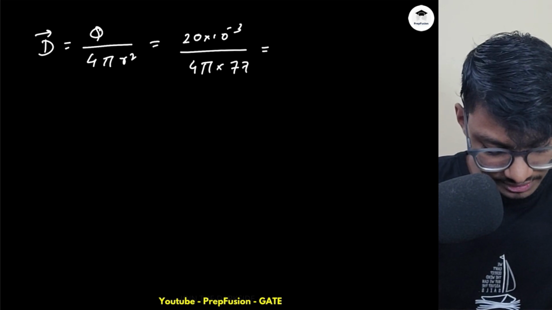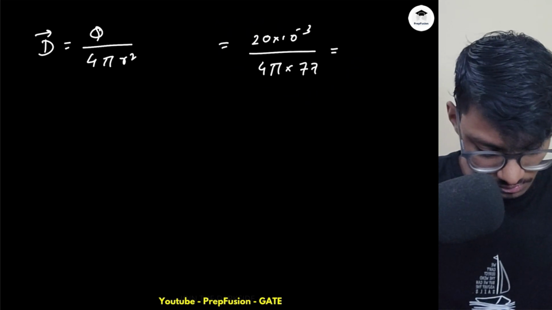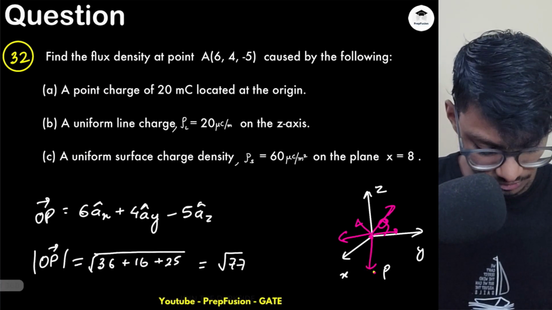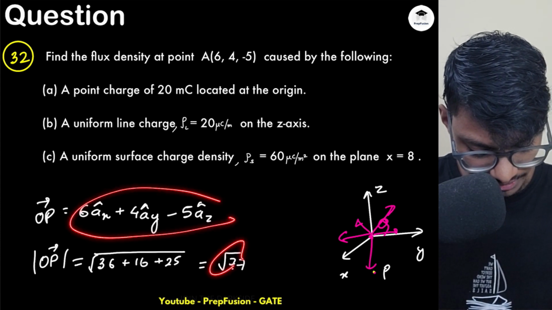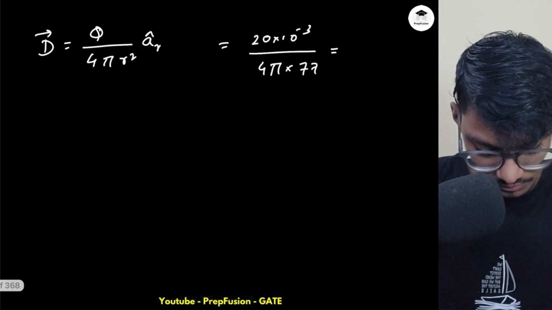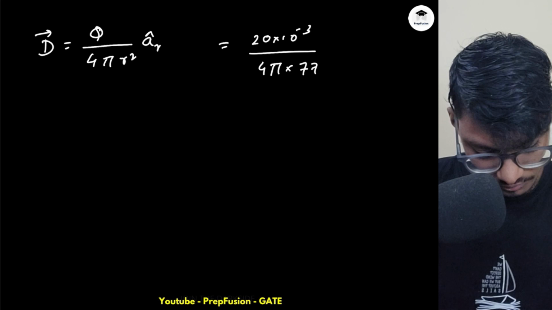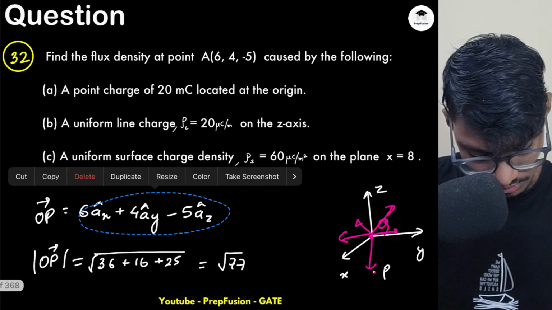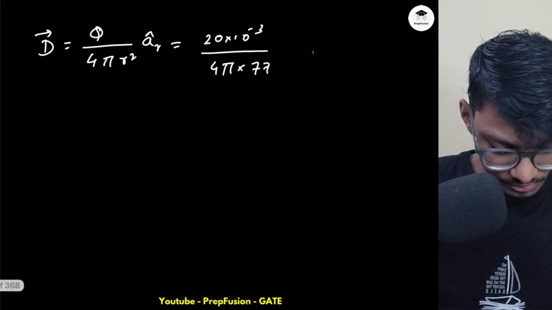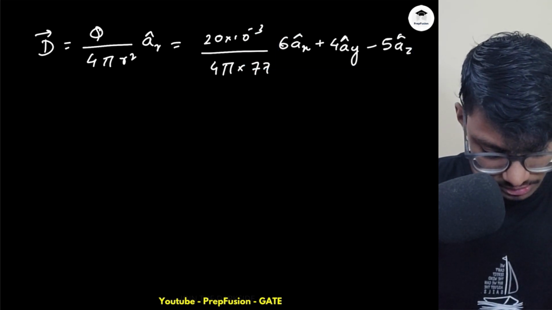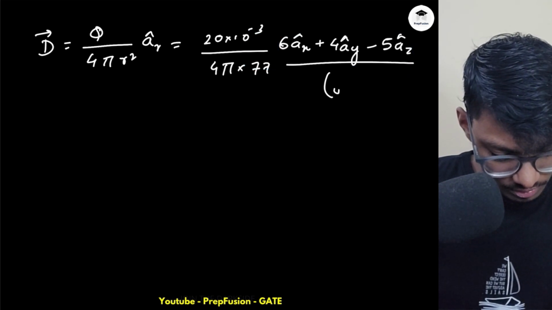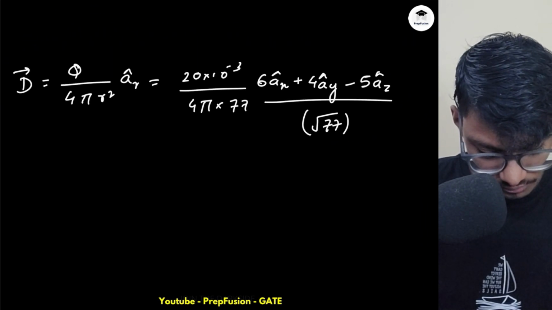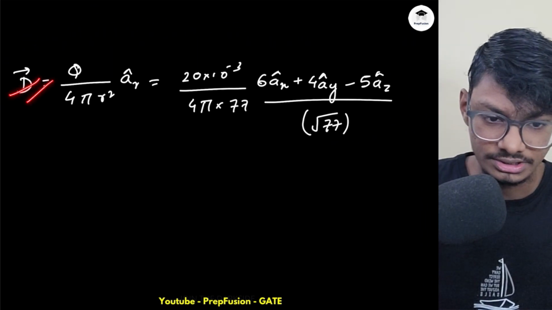Obviously I have to write the vector format as well, with AR cap, because it will be radially outward through this point, so I copy this and divide by its own magnitude. So this will be the electric flux density for this particular question.